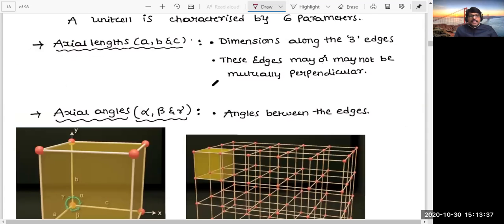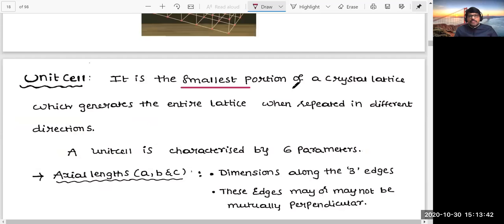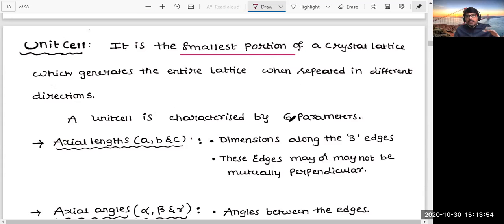That is the exact definition of a unit cell. It is the smallest portion of the crystal lattice which generates the entire lattice when repeated in different directions. So you have to repeat unit cells along the x-axis, y-axis, and also the z-axis. Then you will get what we call a space lattice.